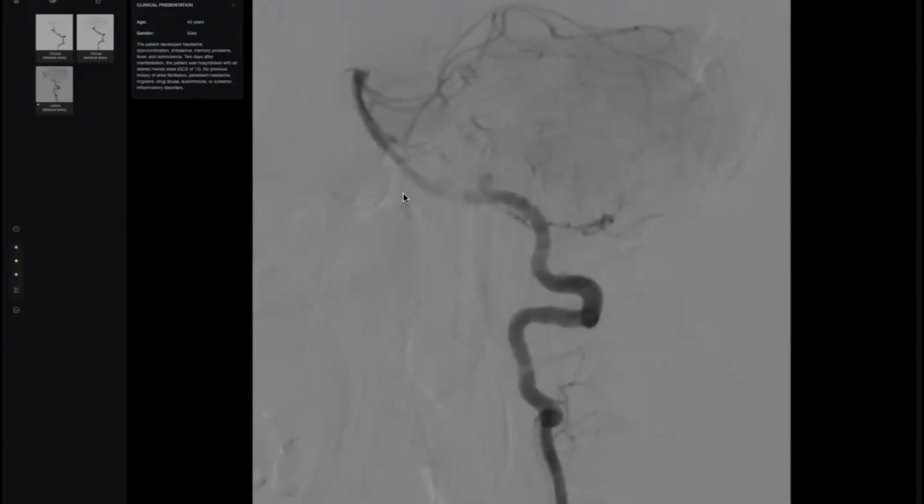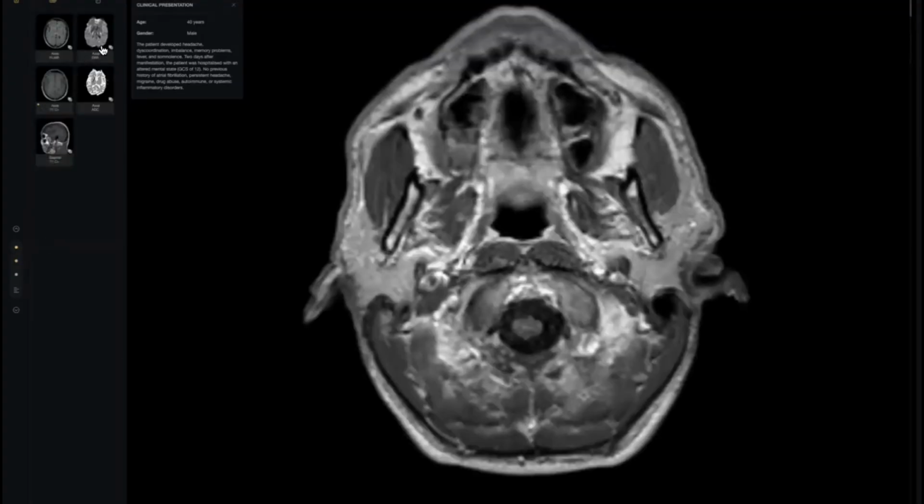So what's your diagnosis? There is diffuse narrowing of vessels, so that can be vasculitis involving the posterior circulation. That is my main diagnosis in this case, with top of the basilar syndrome causing such type of images.